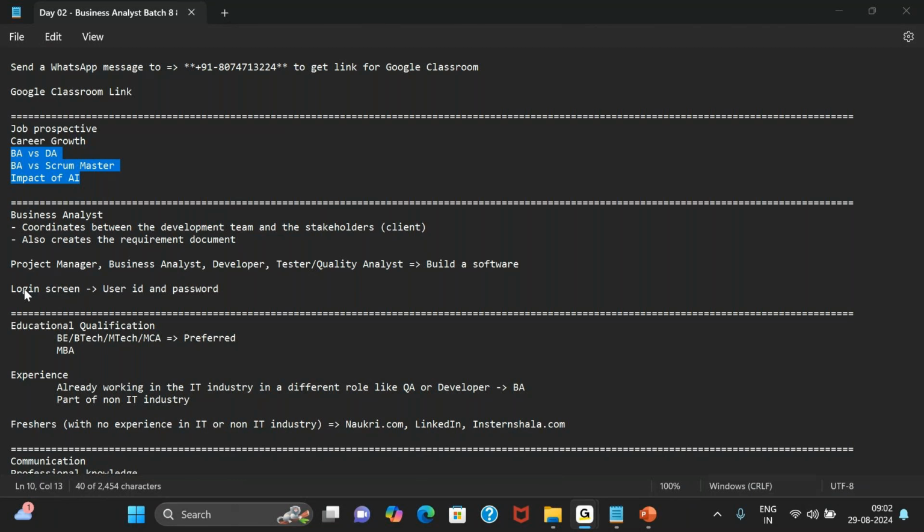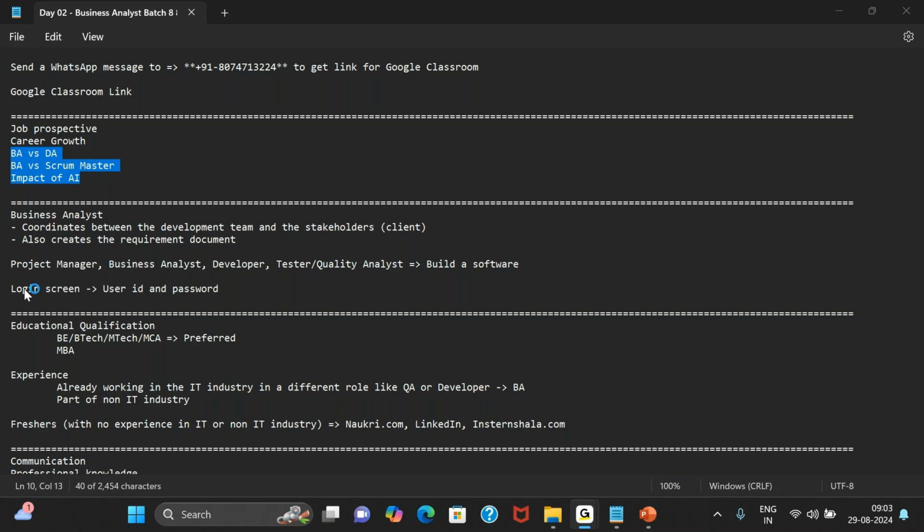You will have some 2 or 3 years of experience, and you will show that experience in your job interview. Where will you show your internship experience in between? If you say that for the last 2 years you are working as BA and in the last 6 months you did an internship on BA, people will obviously ask why you are doing an internship when you are already working as BA.